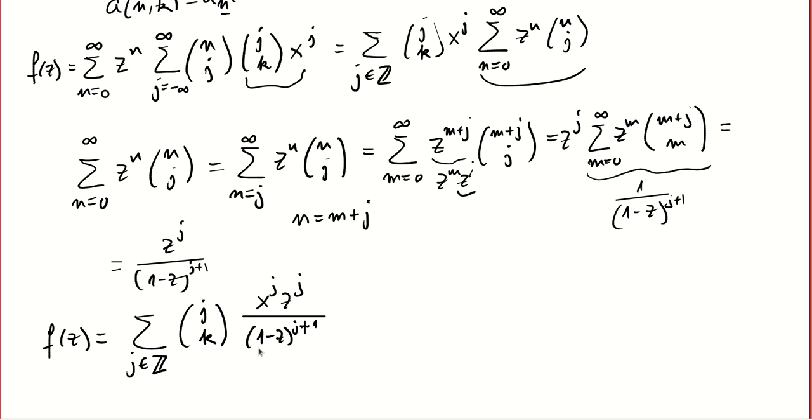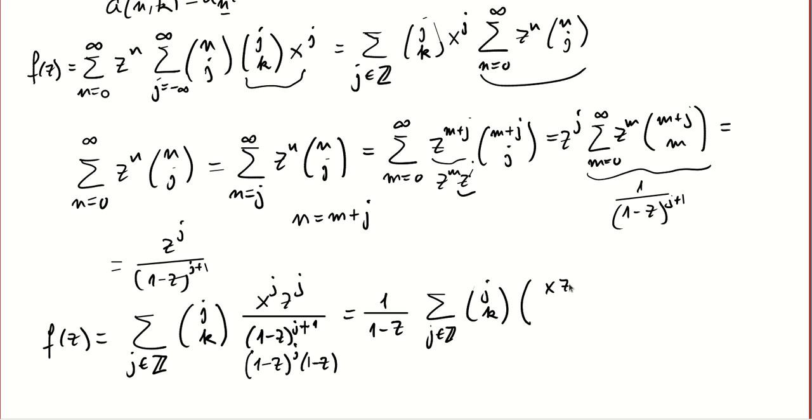To begin with, the denominator has this form. It's 1 minus z to the j times 1 minus z. It's better to leave j here because it's the same exponent as we have here, so we can put everything just as a single fraction. So let's take out one factor, 1 over 1 minus z, and then we have here the sum on j of j over k, and then here what we have is xz divided by 1 minus z, to the power j.